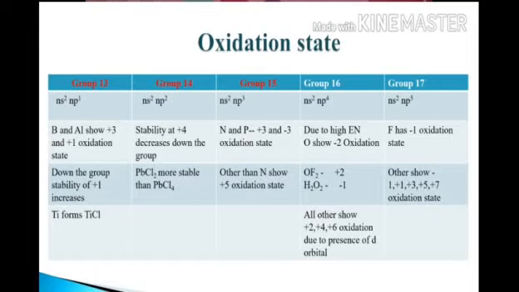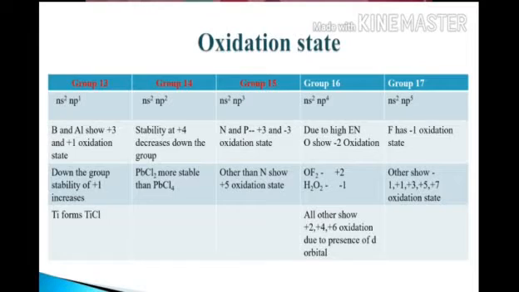Coming to group 15, there we see the ns2 np3 configuration, so they have two choices. Three electrons can be gained or three electrons can be donated. So they have the possibility of forming +3 and -3 oxidation states.